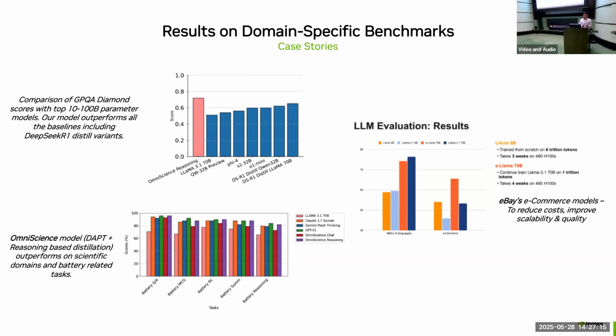In most, if not all cases, we can see that Omniscience reasoning is performing just as well, if not better, than some of these models that are way outside of the Omniscience parameter class. So these domain-specific models are performing much better. They're more efficient, and they can be more reliable than some of the off-the-shelf proprietary models.